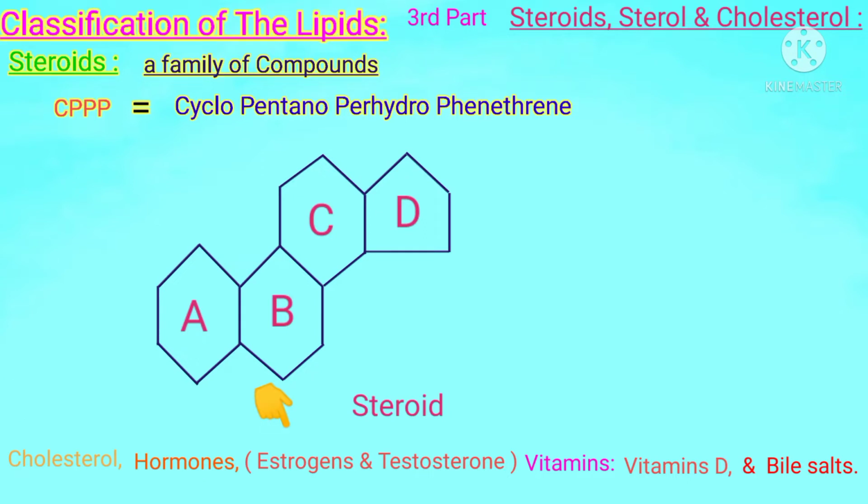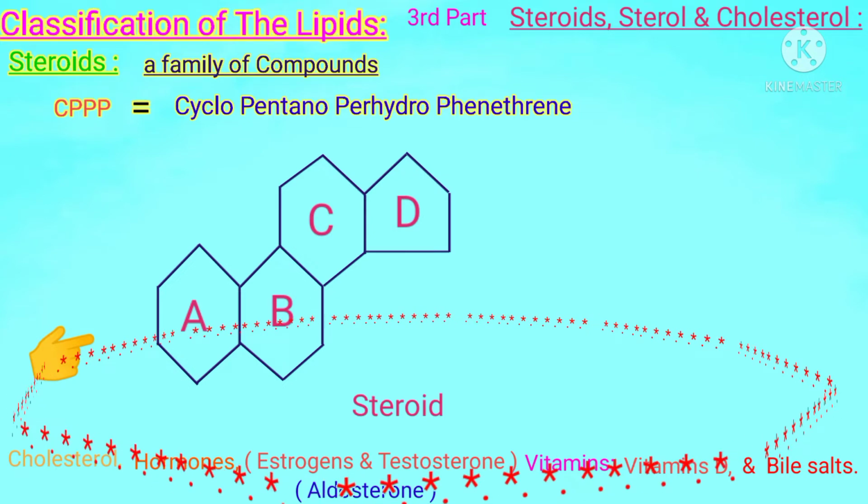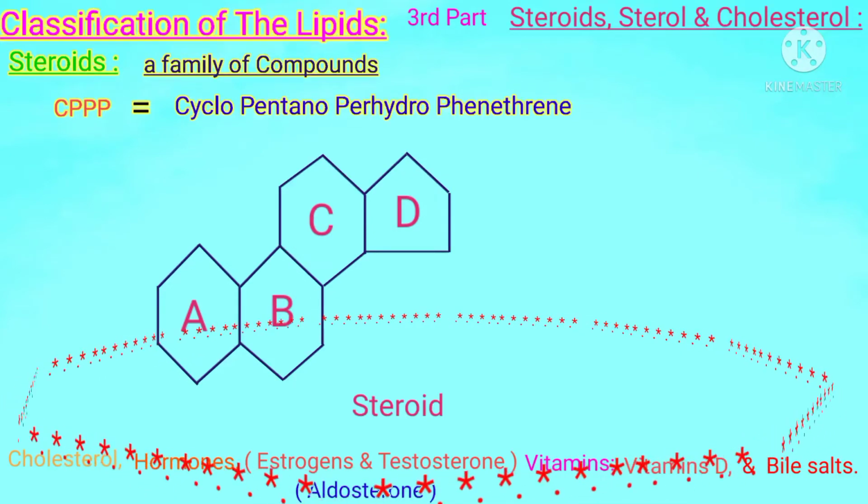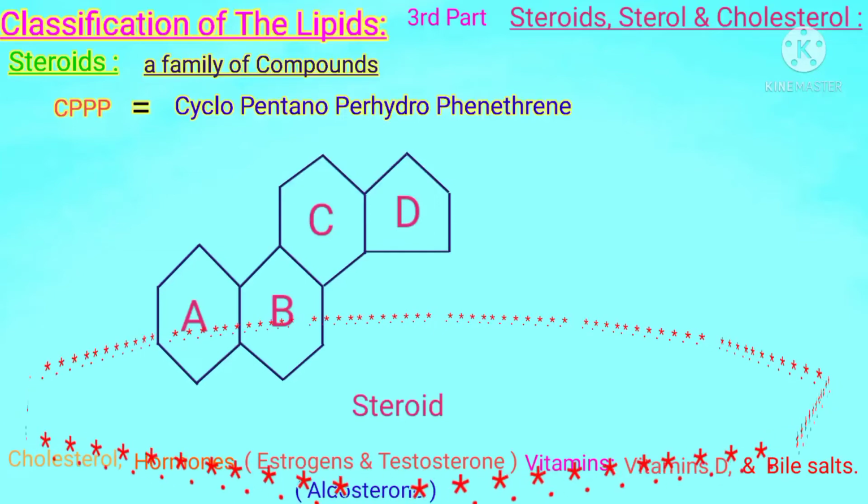Estrogen hormone is also a steroid. Aldosterone, the hormone of the adrenal gland, is also a steroid. Bile salts and vitamin D are also steroids. Why? All these contain this main and key structure known as cyclopentanoperhydrophenanthrene. Students, this is the definition and introduction of the steroids.